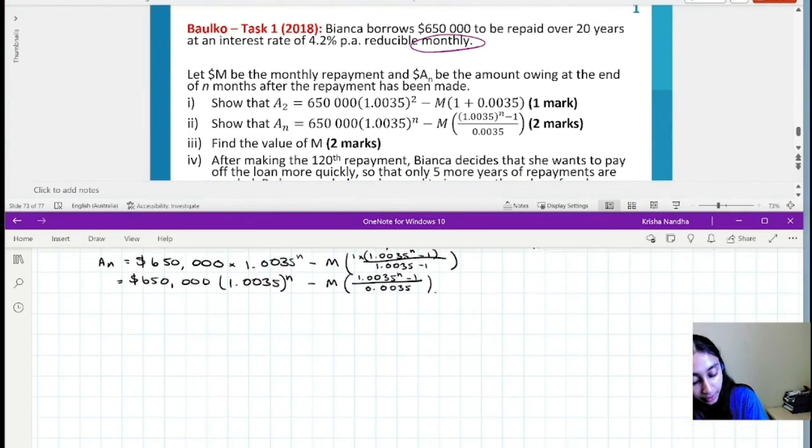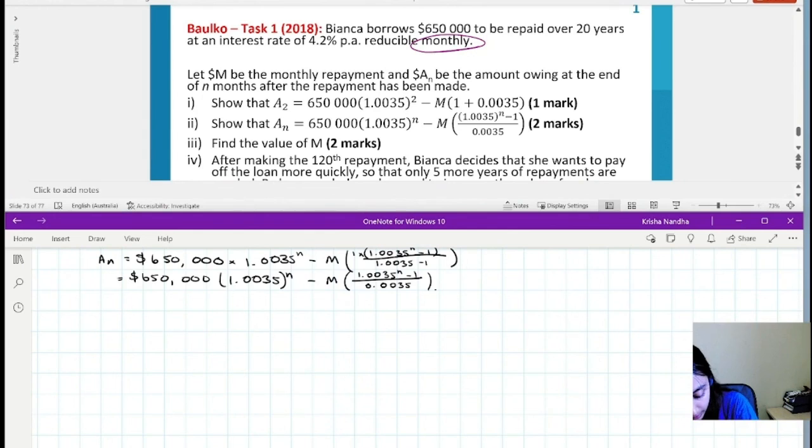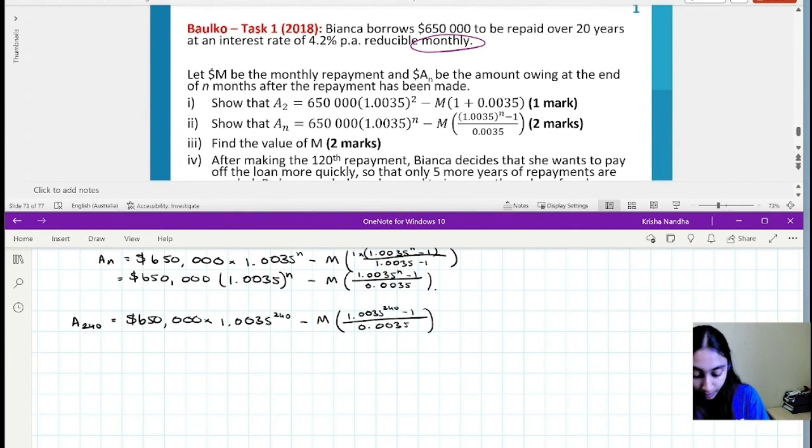Okay, so what I can write is that A240, because we're going in monthly repayments, right, will be equal to 650,000 times... By the way, because I've got my rule here, I can apply that for any value of n. So times 1.0035 to the power of 240, minus m times (1.0035 to the power of 240 minus 1) on 0.0035.